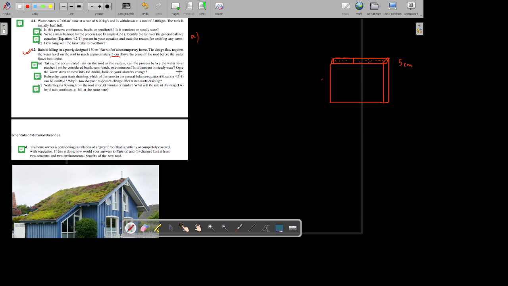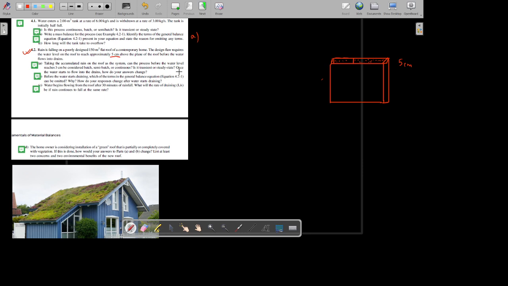Okay, let's solve part A. We need to actually understand the processes. If you know how processes are defined, how states are defined, then you will be able to answer that. So let me just review it. In a batch process, the feed is charged to a vessel at the beginning of the process, and the vessel contents are removed sometime later.